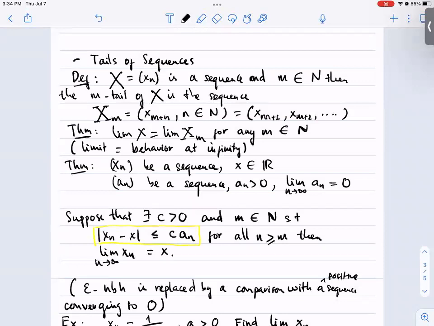So what is this theorem about? This theorem basically says that the limit describes the behavior at infinity. If you remove finitely many terms from a sequence, it doesn't change the limit behavior. That's why the limit of a sequence is equal to the limit of any m tail of that sequence.